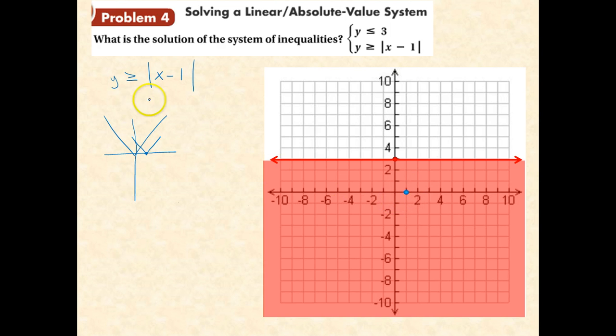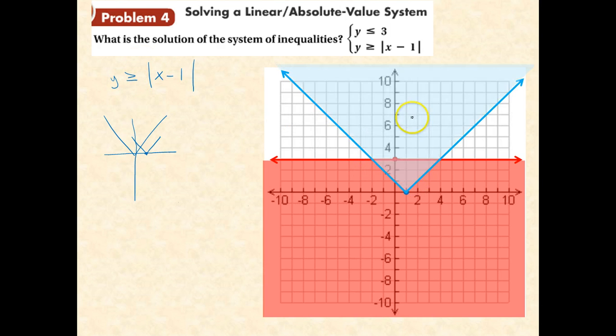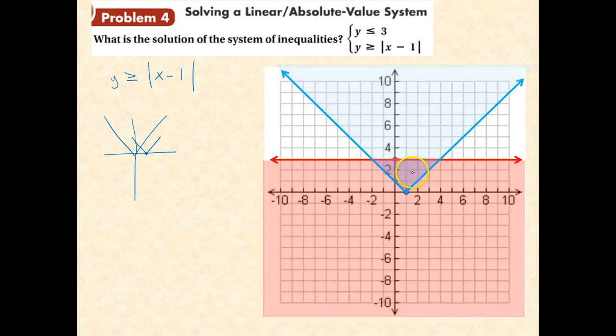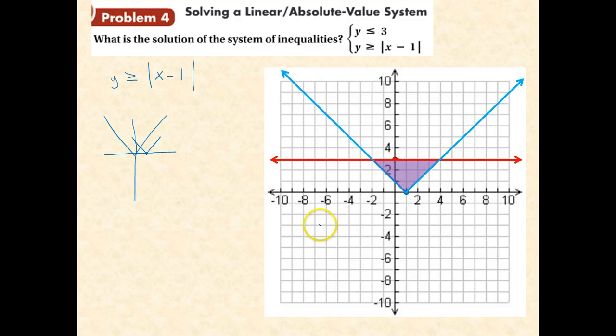Then the slope is 1 to the right and negative 1 to the left. This is greater than or equal to, so we are going to shade above that. And then where the shadings intersect is where the solutions to that system are. So that's pretty cool, right? I think it is.